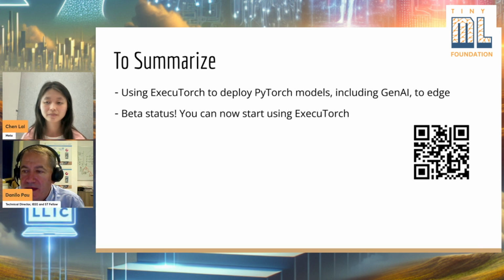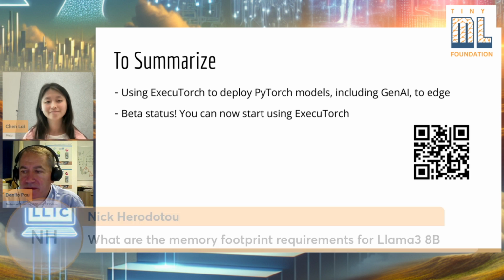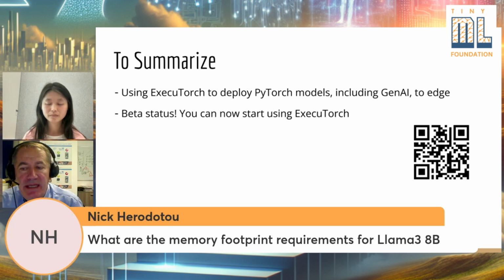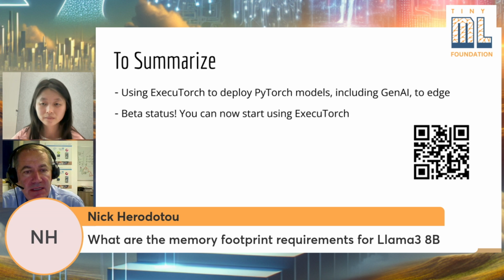And another question from Nick: what are the memory footprint requirements for Llama 3 8B? Let me also add, in general, any comment you may share about the capabilities of ExecuTorch to deal with the memory system of the target in order to optimize its usage.